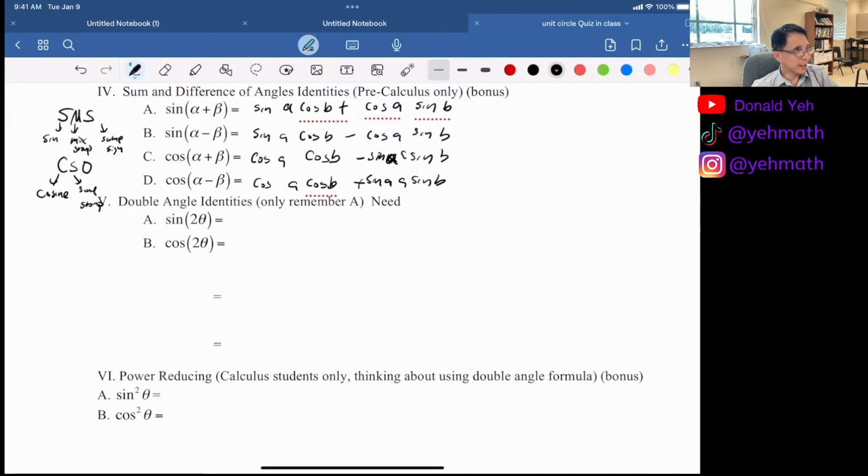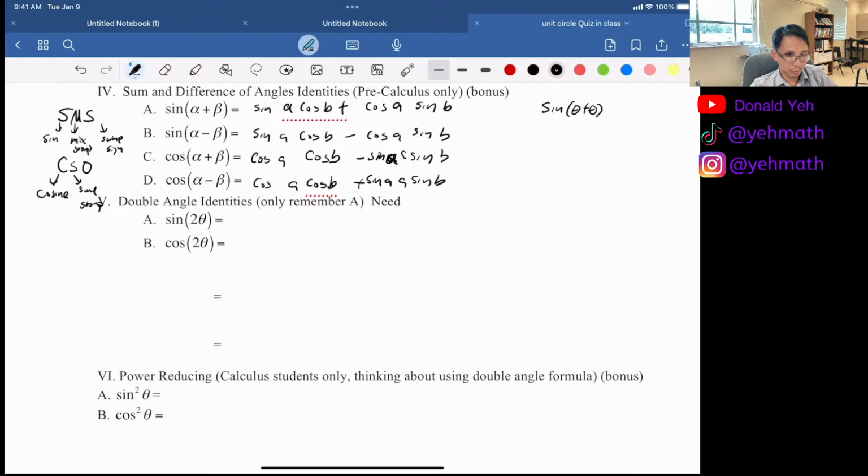Now you're going to say, wait, do I have to remember sine of 2 theta? The thing you don't have to memorize is sine of 2 theta, because you can get it from prior information. What if I just have sine of theta plus theta? Theta plus theta is 2 theta.